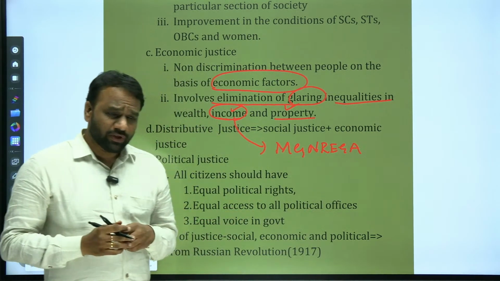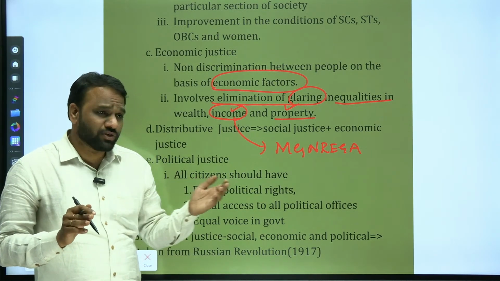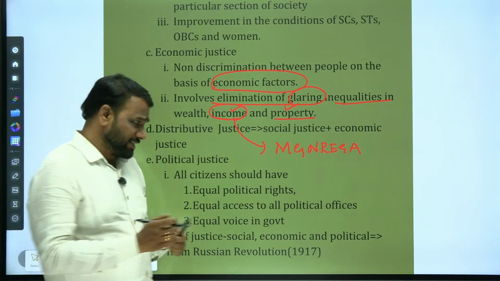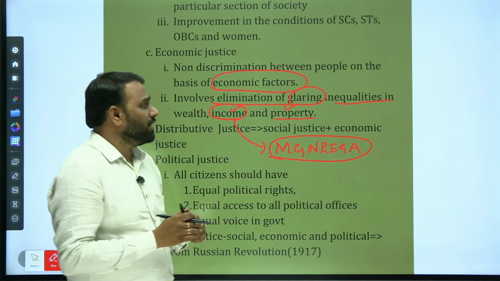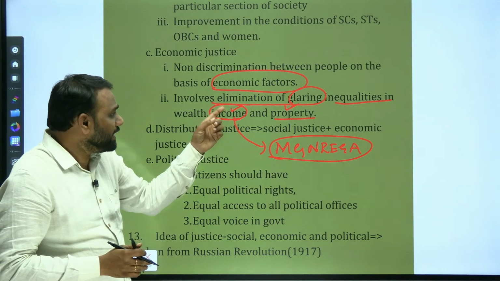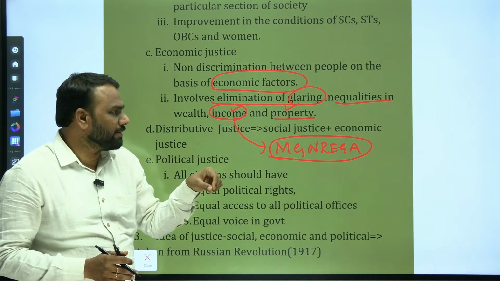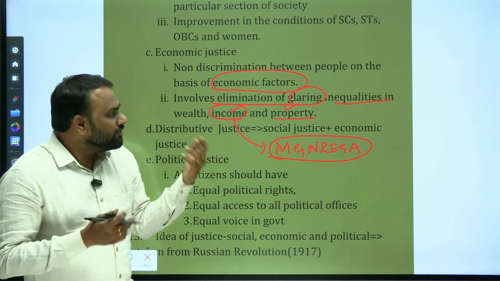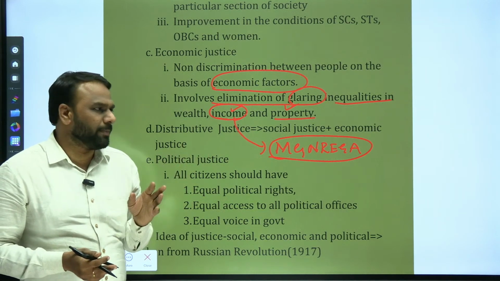So what does it do? It provides a minimum number of days of employment for households of rural areas. Okay, we'll discuss in detail about this scheme in the forthcoming classes. But what does this scheme ensure? This scheme tries to eliminate the inequality with respect to income. Similarly, there are some schemes which help us to reduce the inequality with respect to wealth and property.